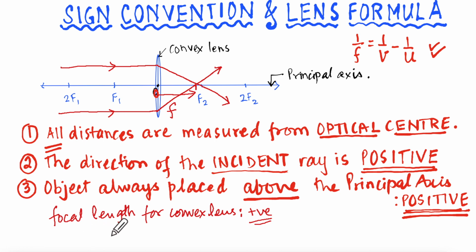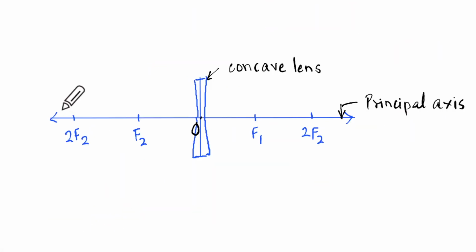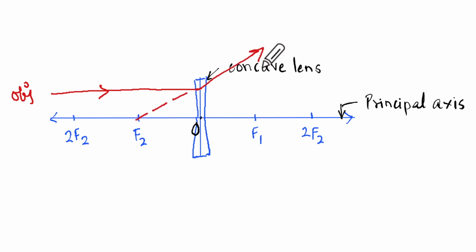But if we want the focal length of the concave lens, the object will be somewhere this side. So from the object, we will have the incident ray coming this way. So this is going to be positive direction. Now the ray that comes this way gets diverged and it appears to be coming from this point. So we will have the refracted ray here, and this will be the principal focus for the concave lens.